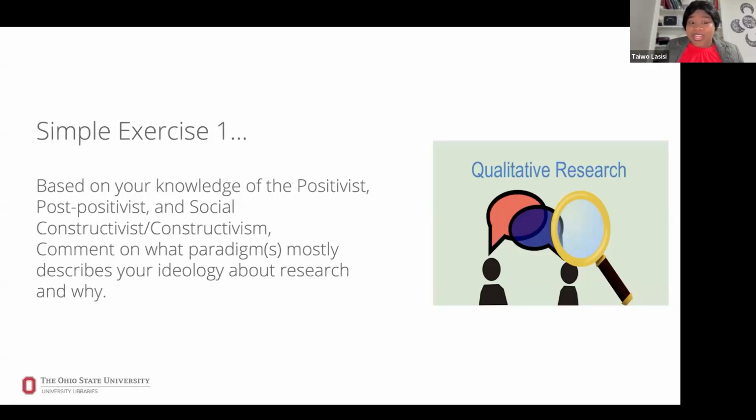And if you don't have one yet, I want to get you thinking about one you feel you fit best into. So based on your knowledge about these three paradigms, which paradigm would you say describes your ideology the most, or your way of research the most, and why?